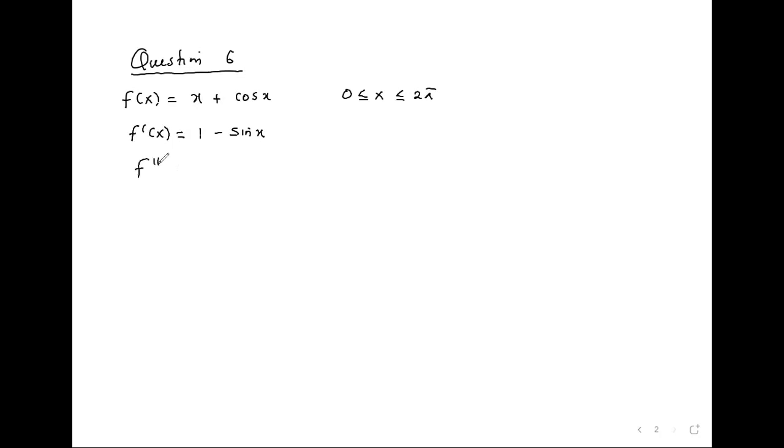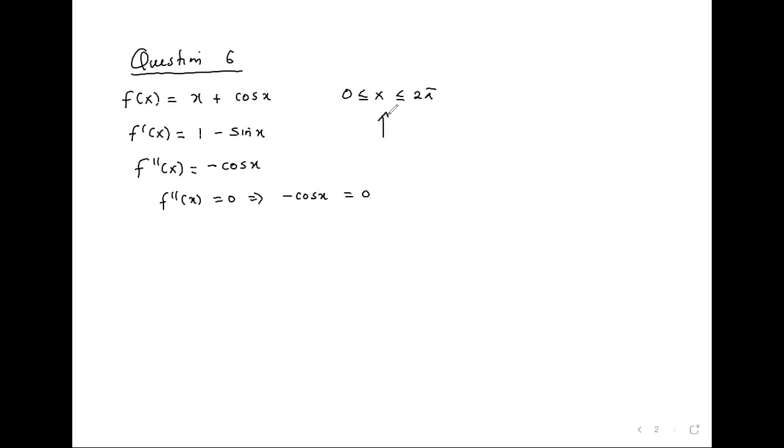The second derivative is negative cos x. And then equate it to 0. So we have negative cos x is equal to 0.